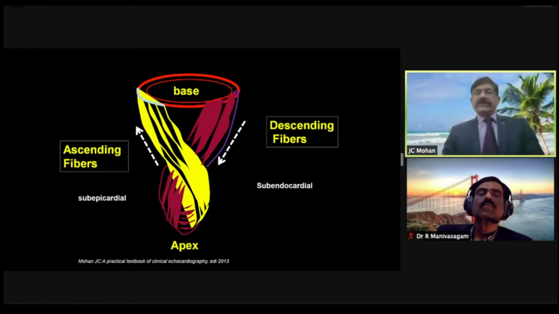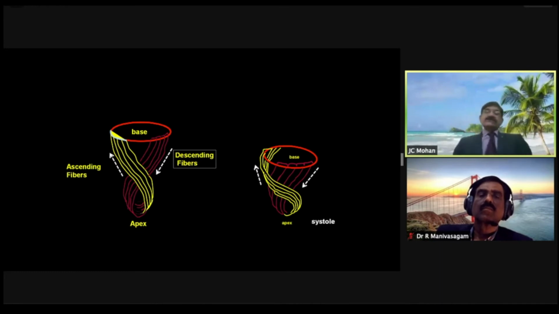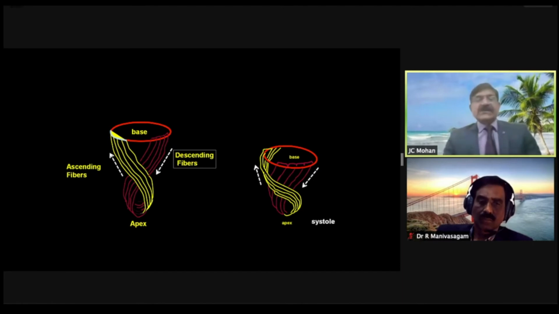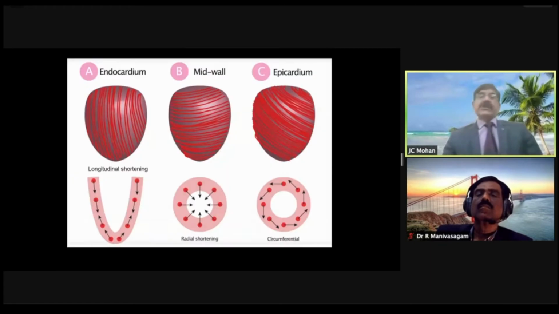So we have subendocardial fibers, which are descending fibers, and subepicardial fibers, which are ascending fibers. This is how the change takes place from diastole to systole, and part of the subepicardial fibers become radial fibers, and the most superficial ones remain oblique and produce circumferential strain.